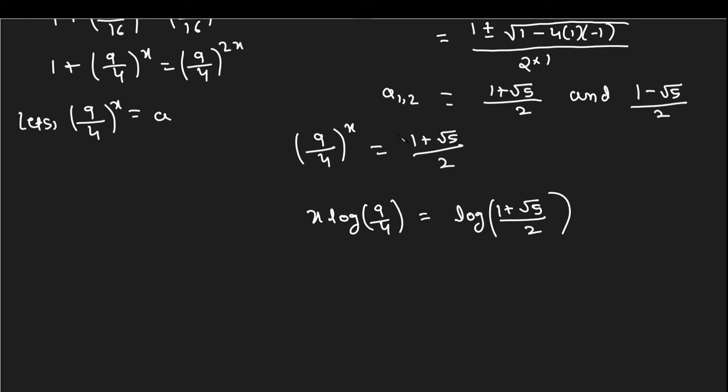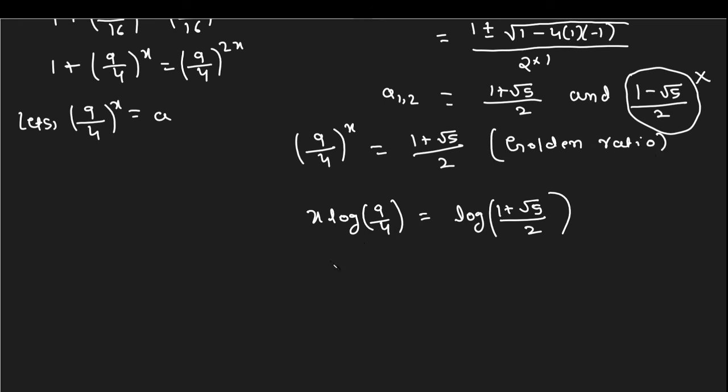That's the reason I didn't take this solution, and we have only one real solution for x, that is (1 plus root 5) divided by 2. That's why I have taken (1 plus root 5) divided by 2. This is also known as the golden ratio.